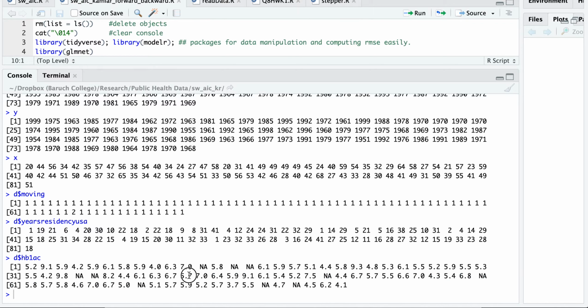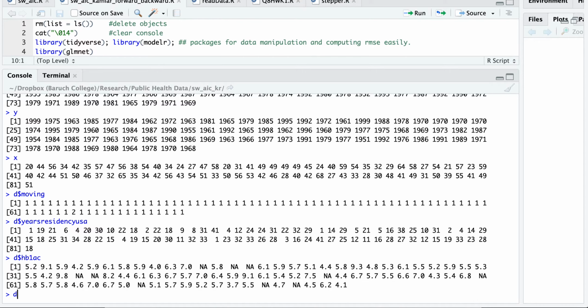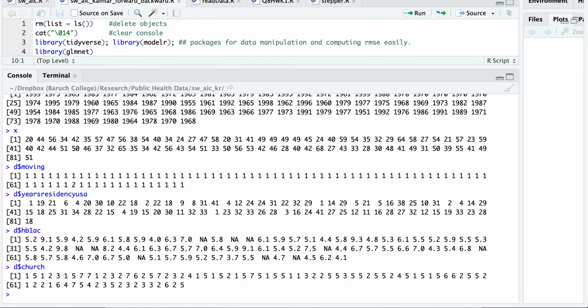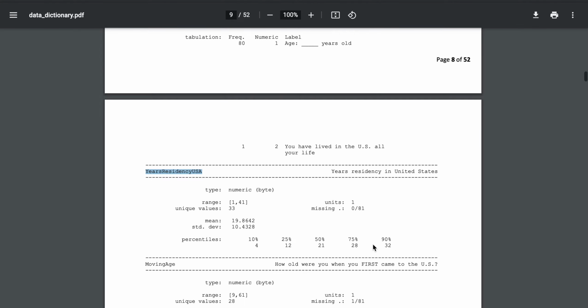Everything except for the missing ones. Now, what had missing? It was church. Okay. So yes, we see this missing one here does not coincide with these missing ones. So then maybe an easy solution is just to ignore this variable. But we will get to that later.